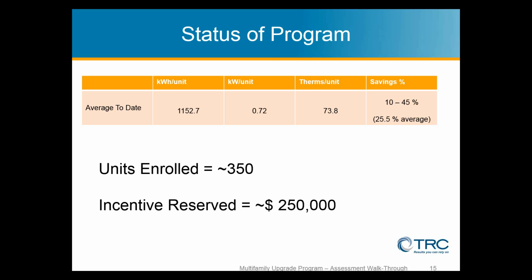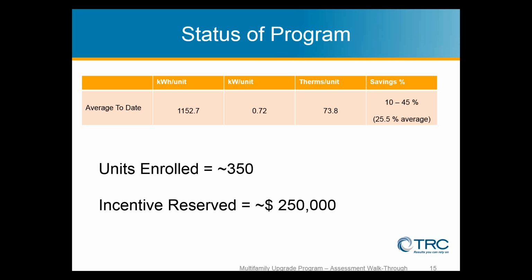So I just wanted to give you some feedback about where we're at so far in program processing. Our average savings to date, which we are tracking in terms of performance of the program, I wanted to provide as a milestone for you to evaluate the performance of your individual projects if you're interested. Our average savings on kWh, kW, and therms per unit are shown across the top of the screen.